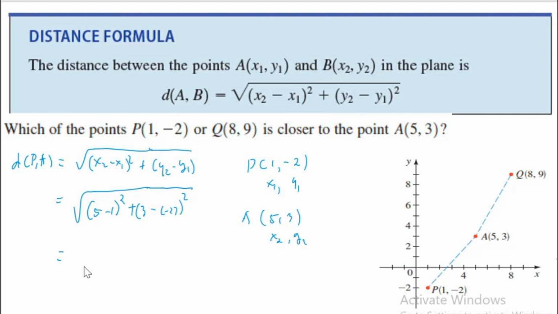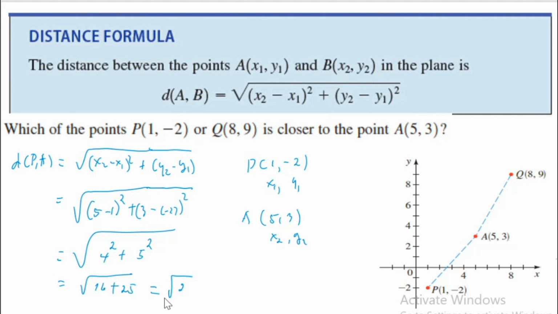Now simplifying, we have 5 minus 1 is 4, and then 4 squared, plus 3 minus negative 2 is 5, and then 5 squared. Simplify further, we have 4 squared is 16 plus 5 squared is 25. And this will give us 16 plus 25.